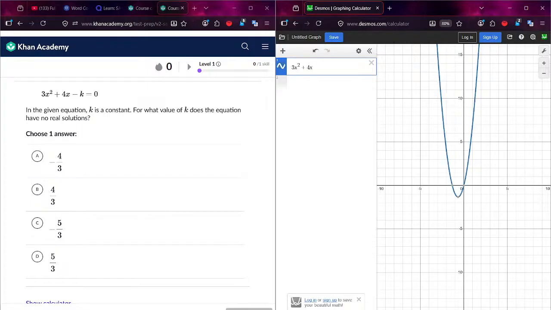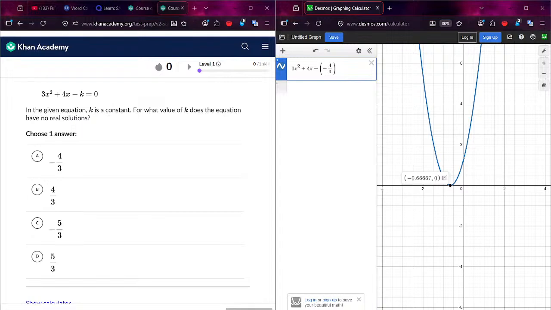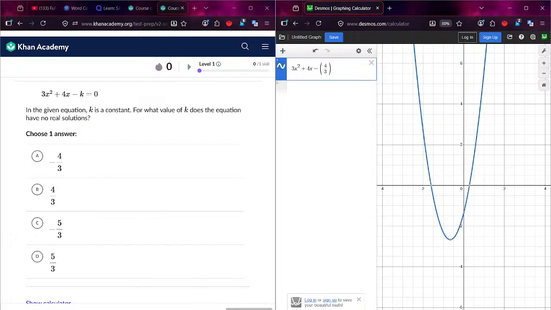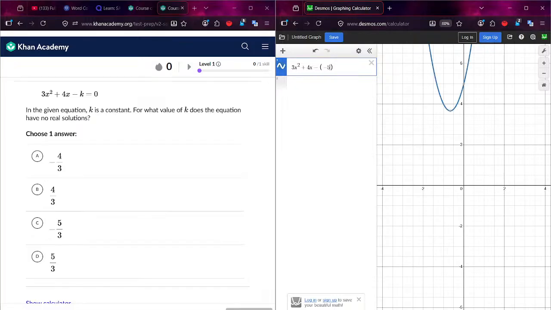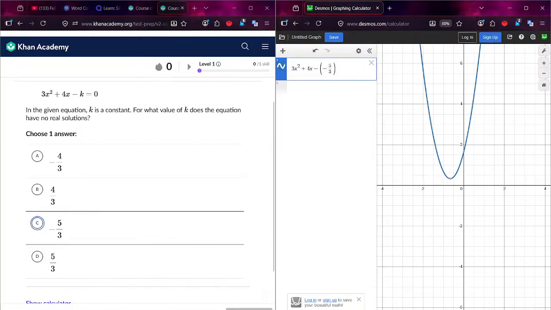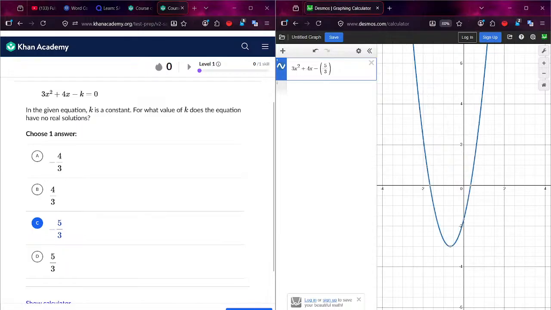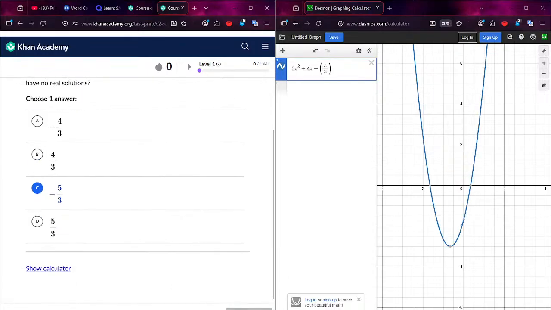A real solution is where it hits the x-axis. With -4/3, we can see this hits the x-axis, so it's a solution, so that's not going to be our answer. 4/3, see, it hits two places, so again it's not going to be our answer. -5/3, this is above it, so this is not going to be a correct solution. Just for fun, we're going to try this. Yes, this one doesn't have solutions there, so it's going to be our answer.